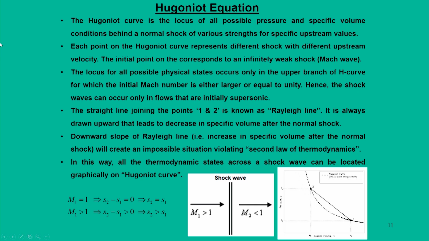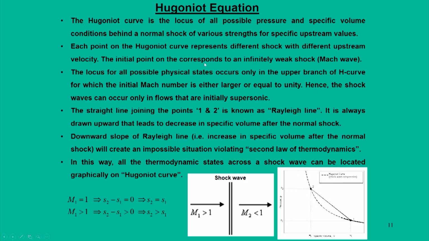Other inferences we can draw: the Hugoniot curve is the locus of all possible pressure and specific volume conditions behind a normal shock of various strengths for a specific upstream value.